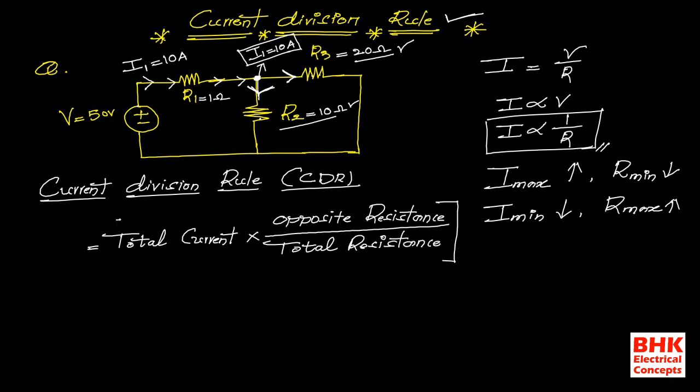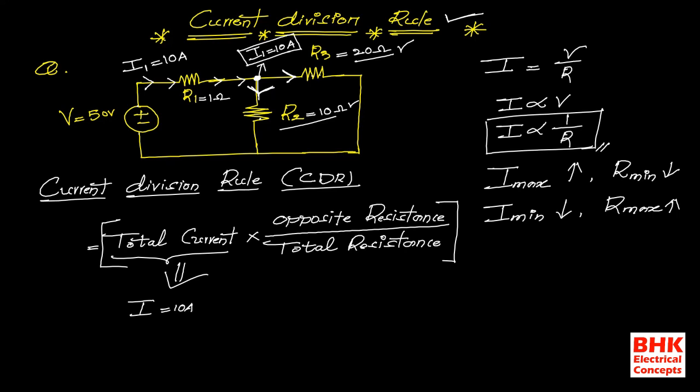So this is the formula provided by the current division rule. Now see here, what is the meaning of total current? Just observe this network. Total current means how much current is available at this junction point. That current represents the total current. In this problem, I is equal to 10 ampere is the total current.